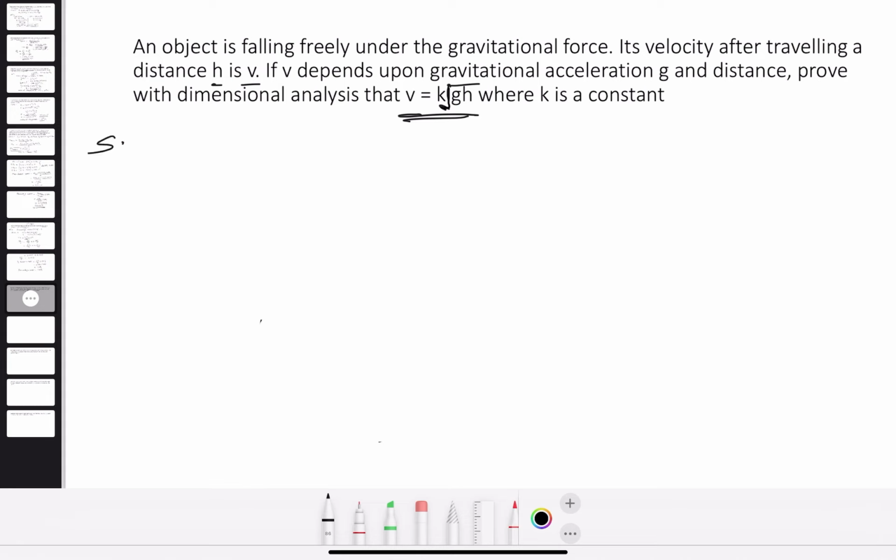We are given that v is directly proportional to g and h.